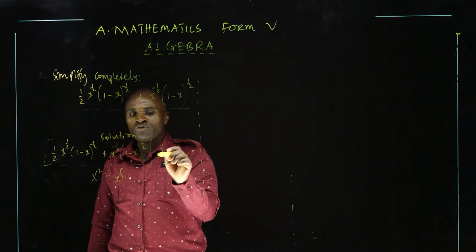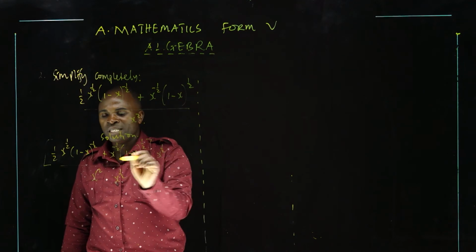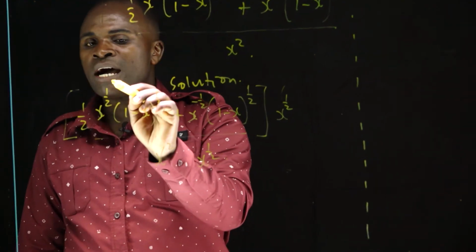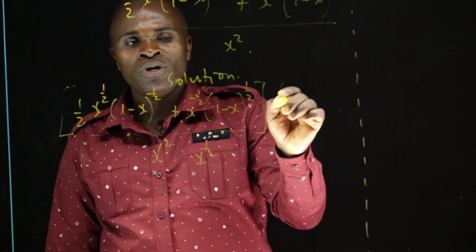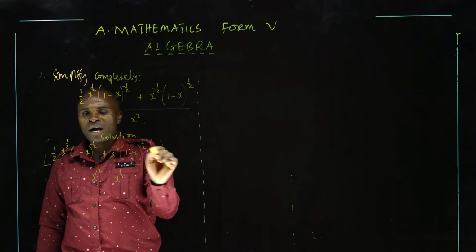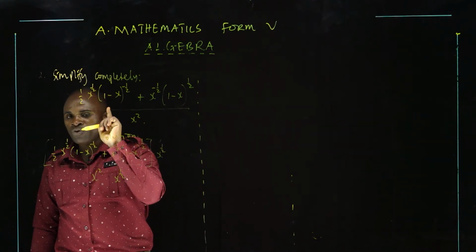So I'm going to take this x, avoiding brackets, I mean x power half times x power half. It means we are taking the rule: multiplying numbers of the same base, add the exponents. So x power half times x power half, a half plus a half gives you 1.